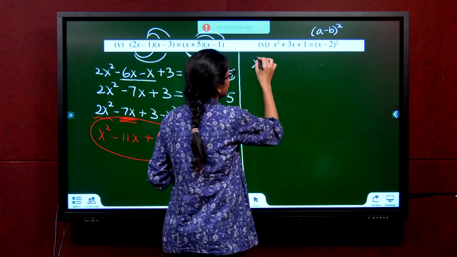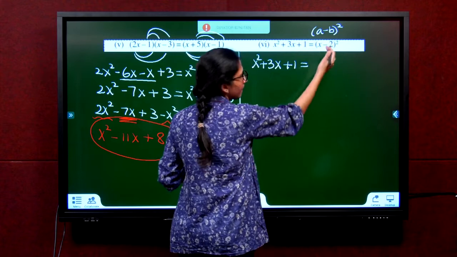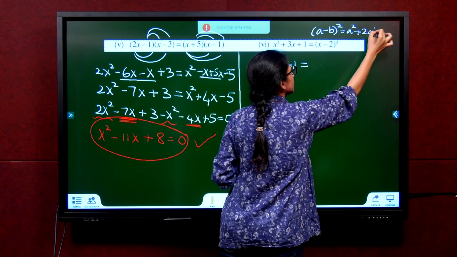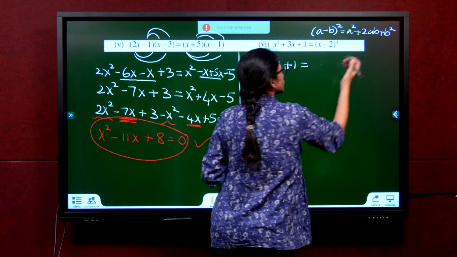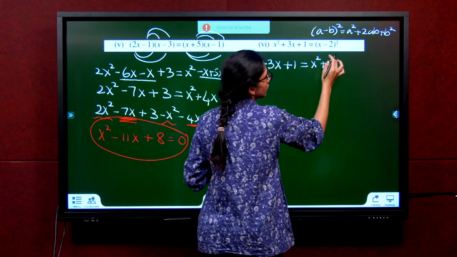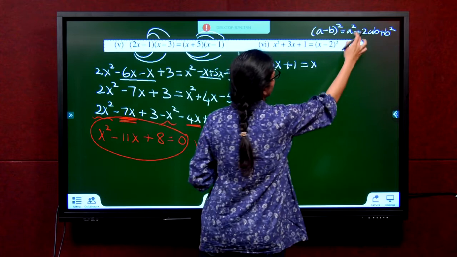So here what happens? X square plus 3x plus 1. Please use that identity. So it becomes x square plus, this is minus sign, so the number has to be minus there as well.